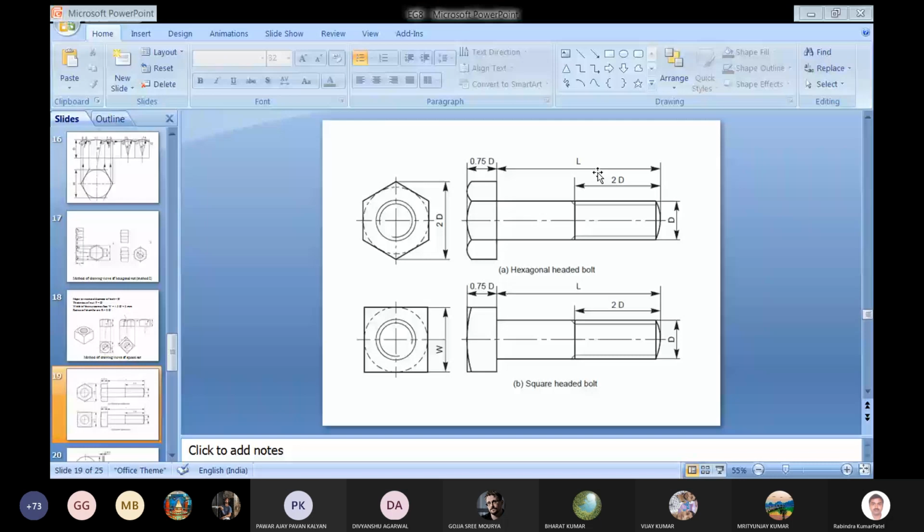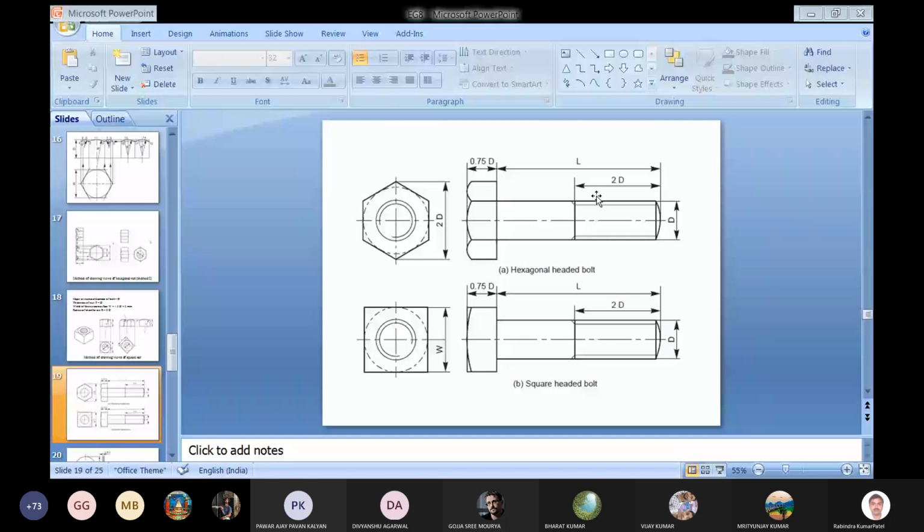Length can have any dimension, so it has not been mentioned in terms of D, but somewhere you can get the length also, but it is arbitrary. Standard bolts will have exact dimensions, but here it is kept free, meaning it does not have any dimension related to D.